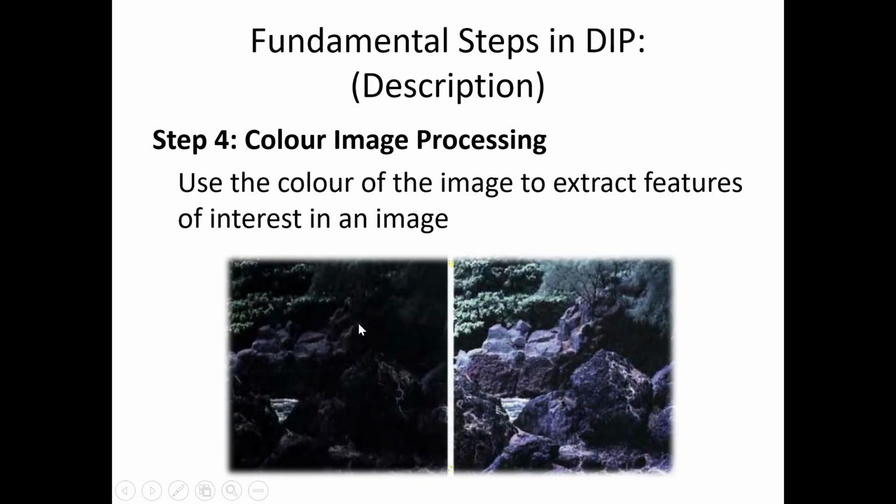The colors are going to be improved with the help of color image processing concepts, and the output is this one. So this is one major operation where we utilize color image processing to improve the colors in the output images.